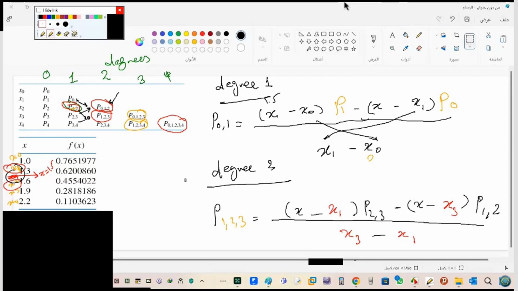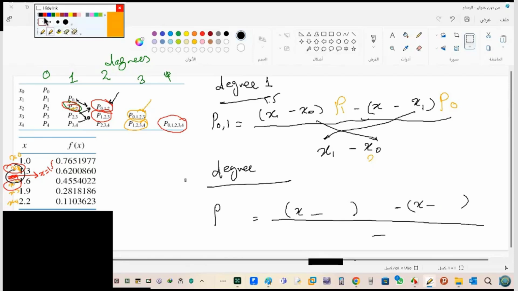Okay. Now, continue. Same thing for degree 3. Now, for degree 3, if he asks me about degree, that means this value or this value.